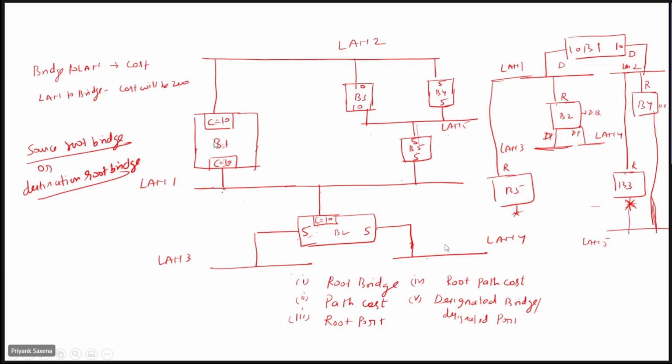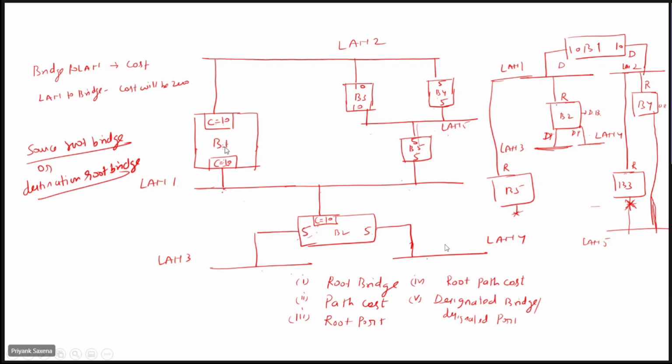So suppose I choose bridge B1 as the root bridge, it is connected to LAN 1 and LAN 2. Suppose I have to go using bridge 1, there are two types. One, it can be a source bridge, another it can be a destination bridge.